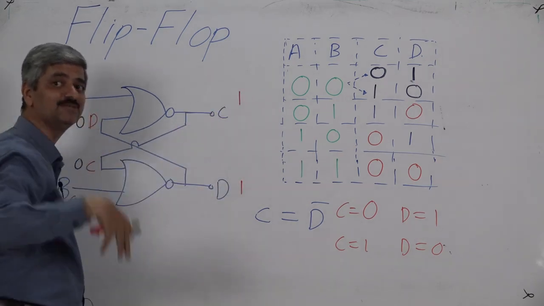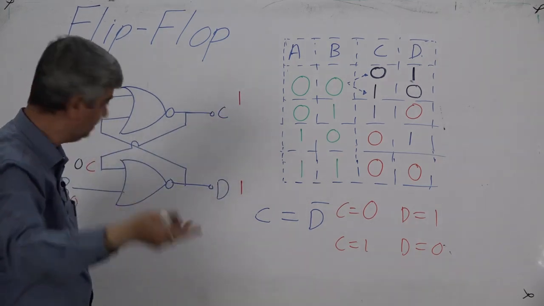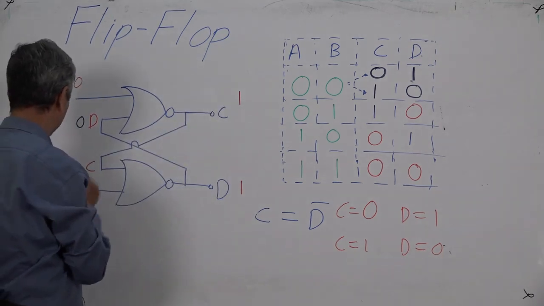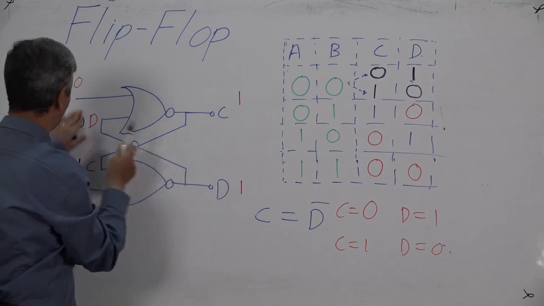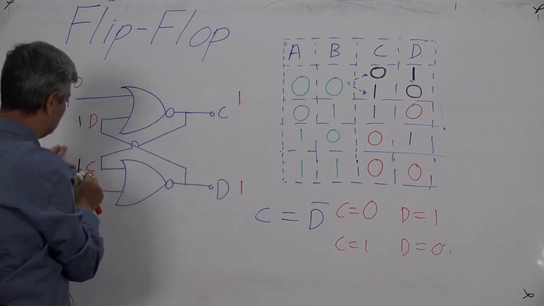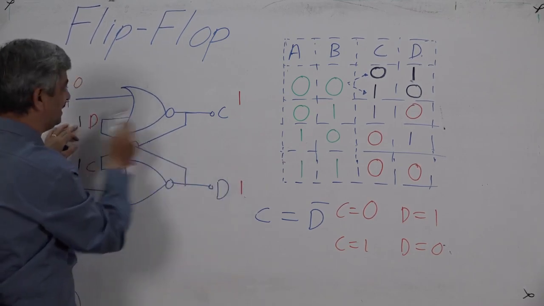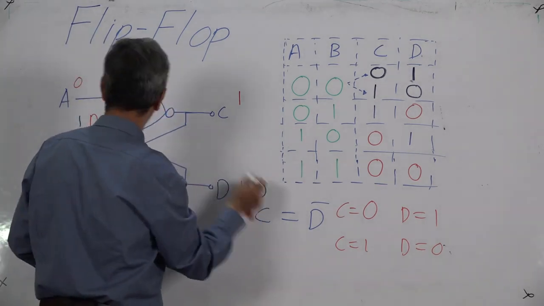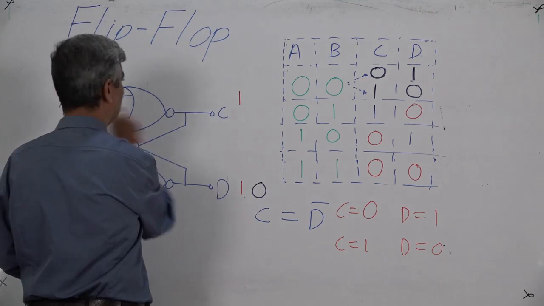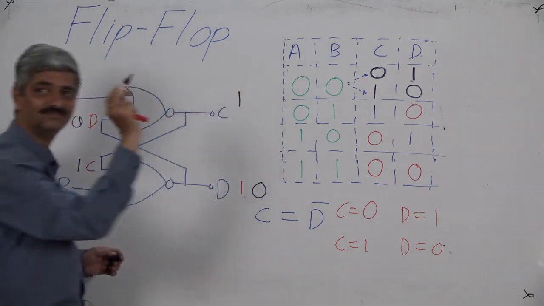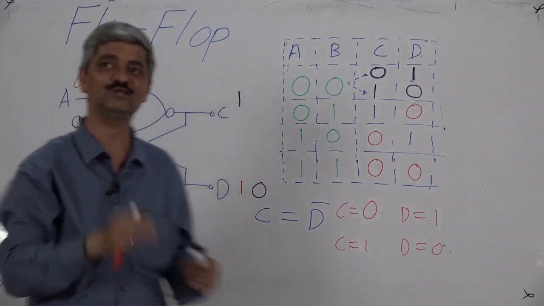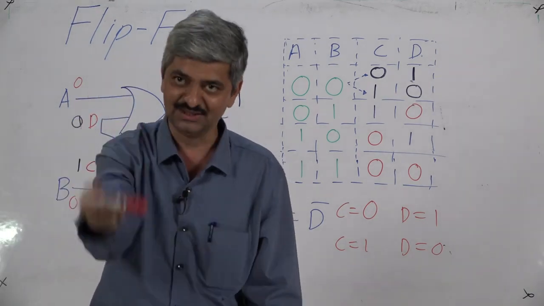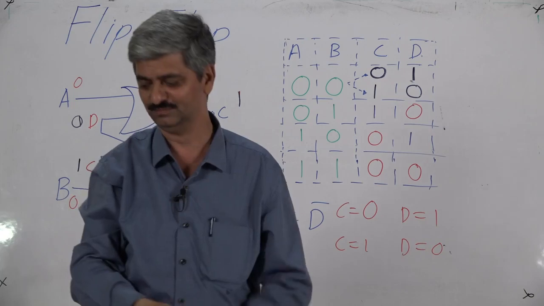So whichever gate is faster, C is 1, that 1 will come here, D is 1, that 1 will come here. This one will try to make this 0, and this one will try to make this 0. Whosoever reaches 0 first, if this reaches 0 first, this 0 will come here and this will remain 1. So 1 1 will also self-destroy to either 0 1 or 1 0.